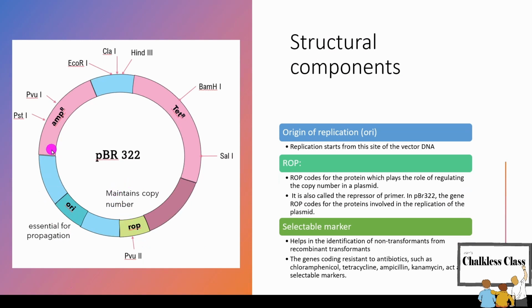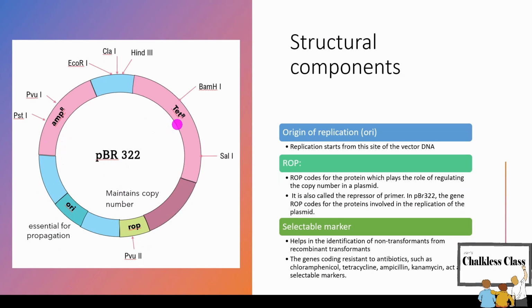Next, selectable markers. These selectable markers may be antibiotic resistance markers. An artificially made vector is pBR322. It has two selectable markers: one is the ampicillin resistance site and the other is the tetracycline resistance sequence.